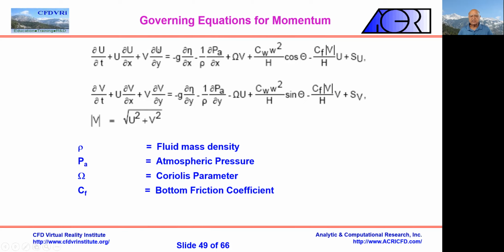So what happens is that these are the forces acting on that water to change the momentum. First of all, there is gravity, the departure of height, which is like a pressure that is created by departure of height. If the water is high at one point, eta is high at one point, low at the other, it's going to create a flow in that direction. Then, of course, the atmospheric pressure may have its variation. The pressure in LA may not be the same in San Francisco. So the atmospheric pressure gradient would drive that. Then, because we are talking about large water bodies, there is something called a Coriolis force.